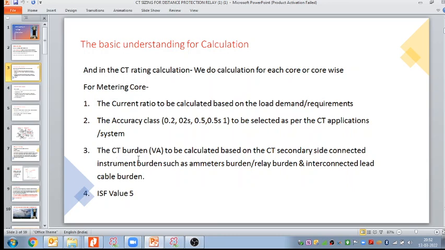Our system, the CT burden, is to be calculated based on the CT secondary side connected instrument burden, such as ammeter burden, relay burden, or interconnected lead cable burden, and the ISF value of 5. So these four parameters we need to specify for the metering core.